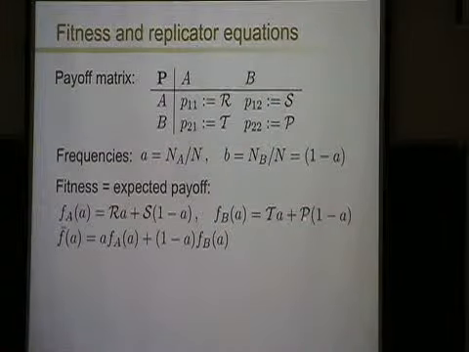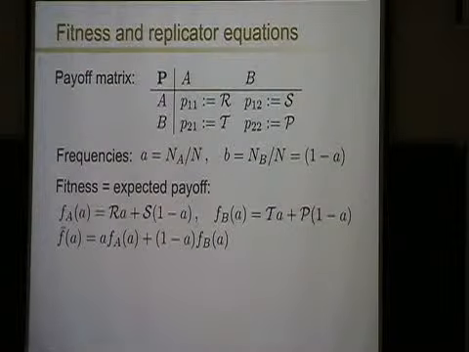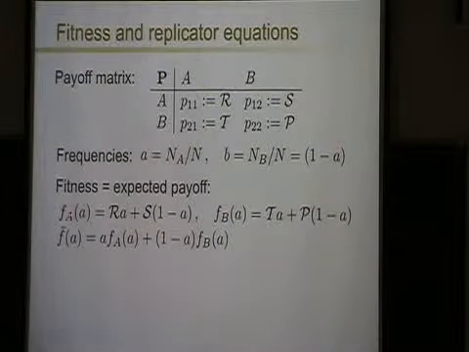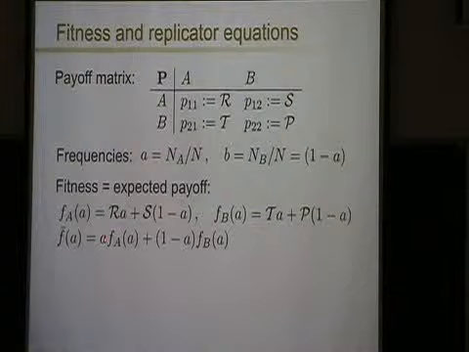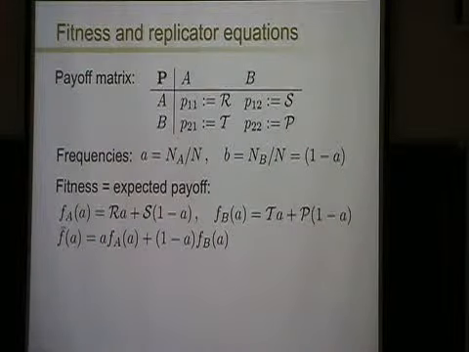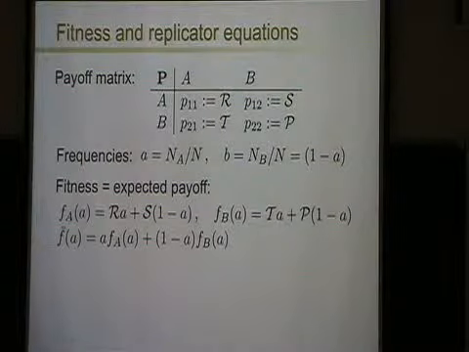Similarly for B, and then you define what is called the average fitness, which is just the fitness of strategy A and B with a weight given by the frequency of individuals A or B. So that's the definition of fitness.